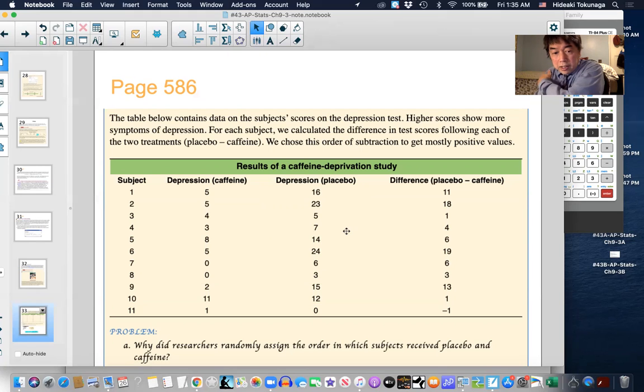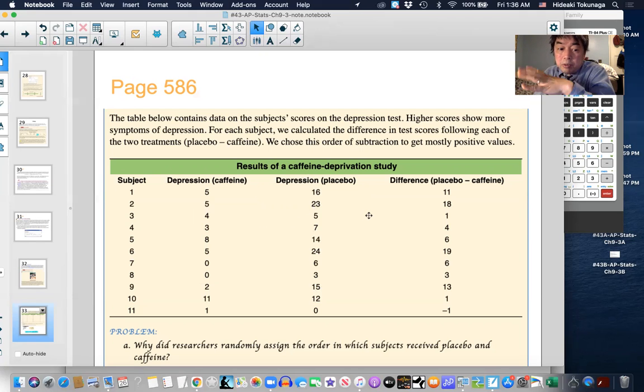My understanding is that if they took placebo, which is non-caffeine, looking at those two data, most likely they have bigger depression. So coffee helped, my understanding.